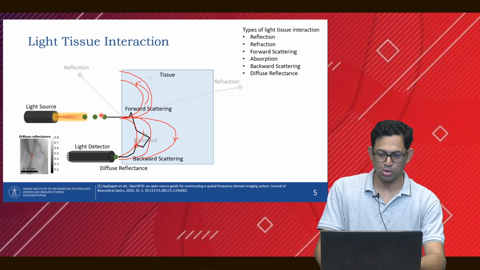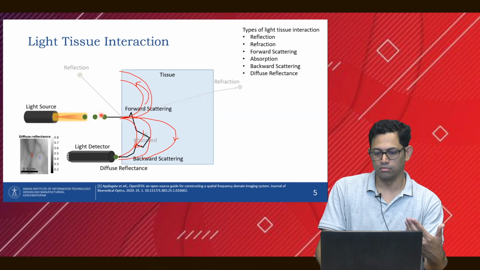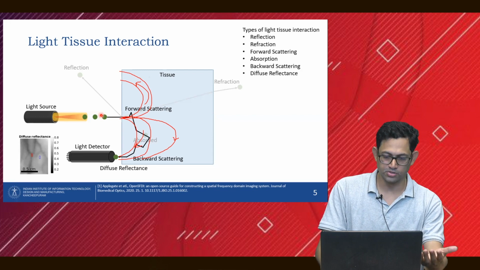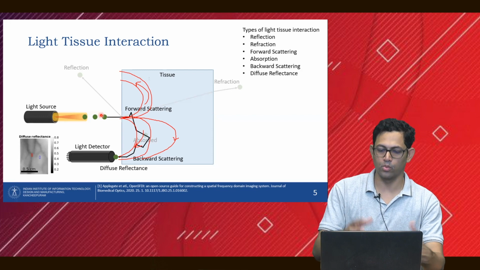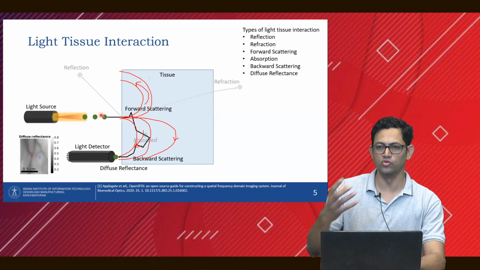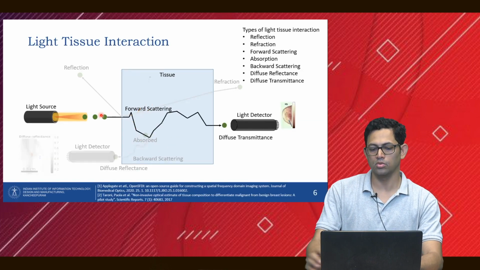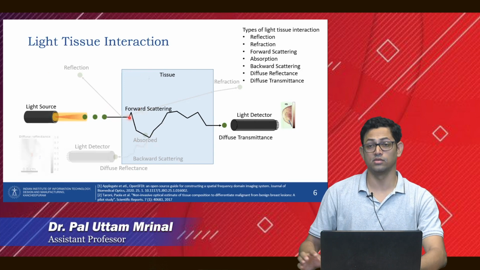Okay, so we talked about reflection, refraction, we talked about absorption, and now we talked about backward scattering leading to your diffuse reflectance. So let us see what else could actually happen. Now it could also be the case that the forward scattering is dominant, right.